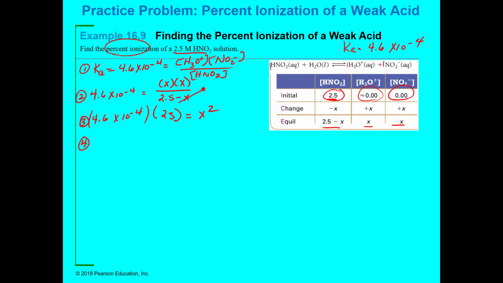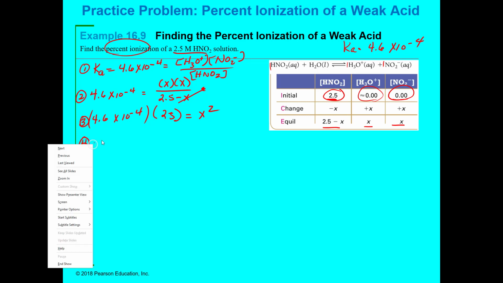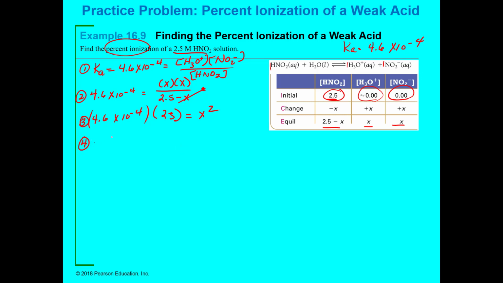Step 4. Take the square root. So these two multiplied together is 0.00115. And then we're going to take the square root of both of those. And x is going to be 0.034 molar. So that's the hydronium ion concentration, right? That was x.